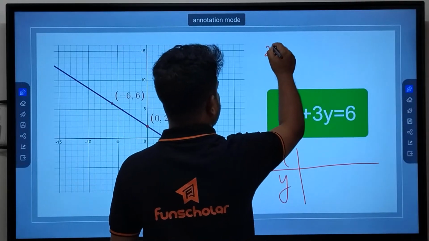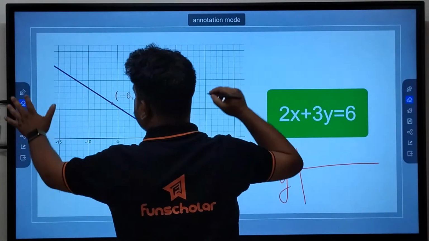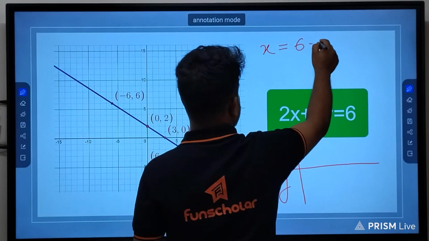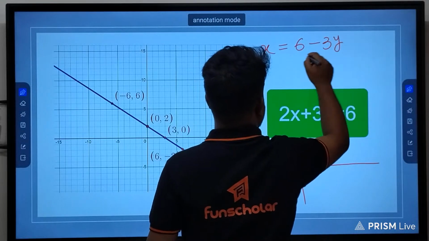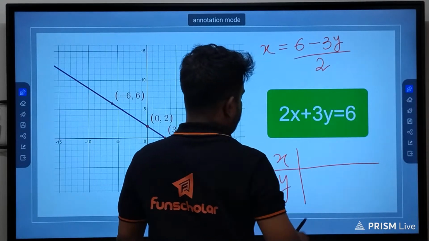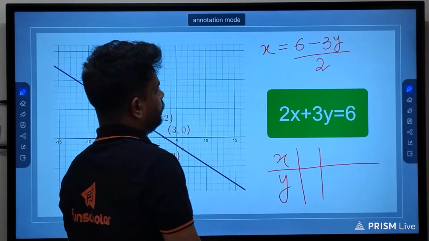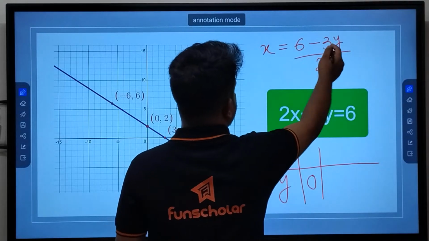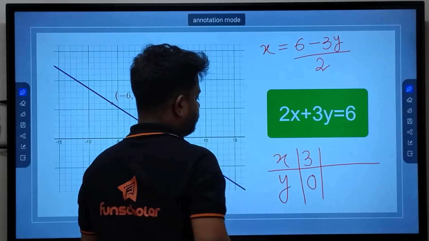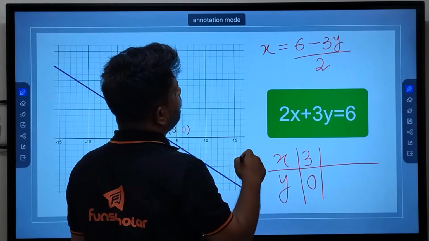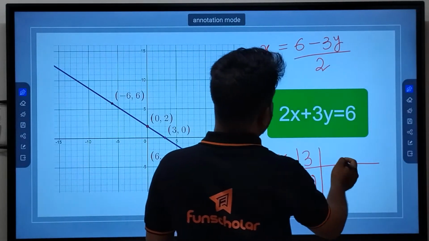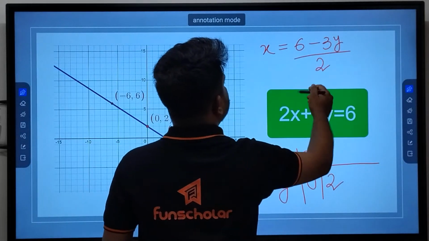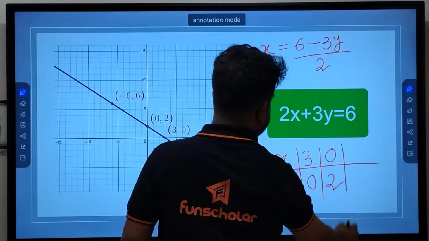You can write it like this: if I write x equals, then it will be (6 minus 3y) by 2. Now start from 0. If I put 0 in y, then the value of x will be 3. If I put 2 in y, the value of x will be 0.